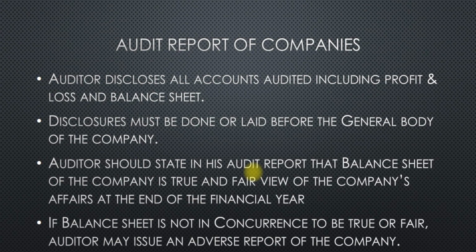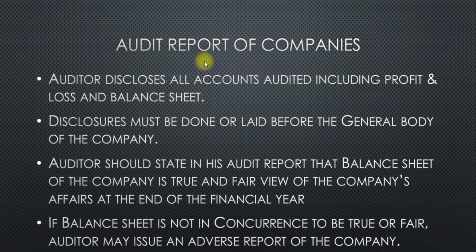The auditor should also make a statement in his audit report stating relevant information given to him by the company, and should also state that the balance sheet gives a true and fair view of the company's affairs at the end of the financial year, if the audit report turned out not to be an adverse report.